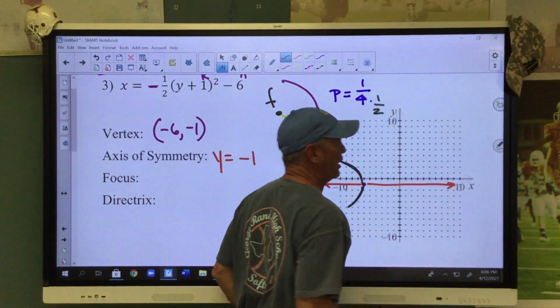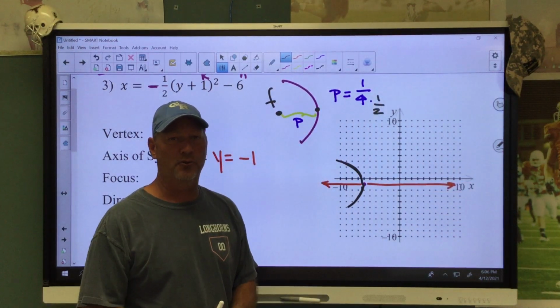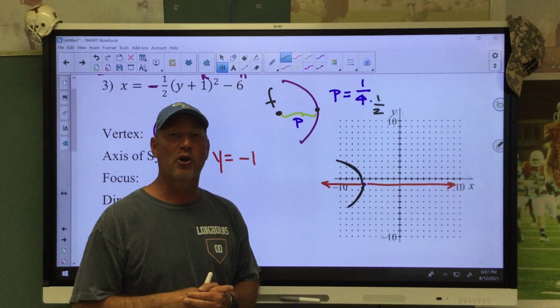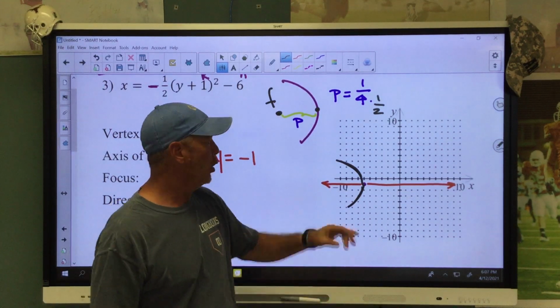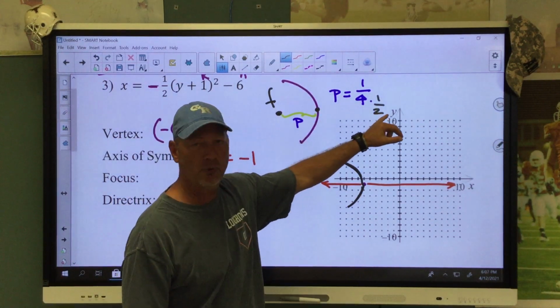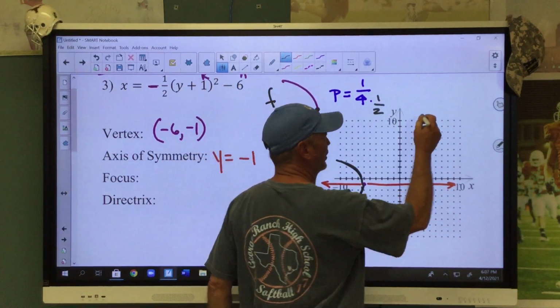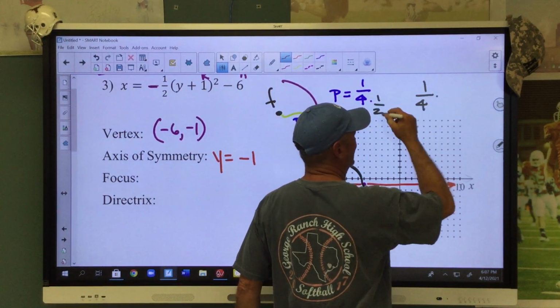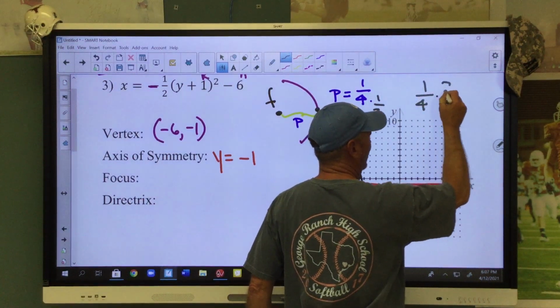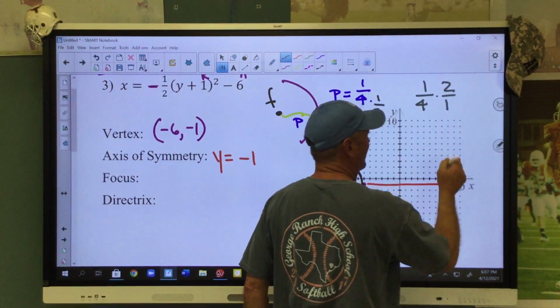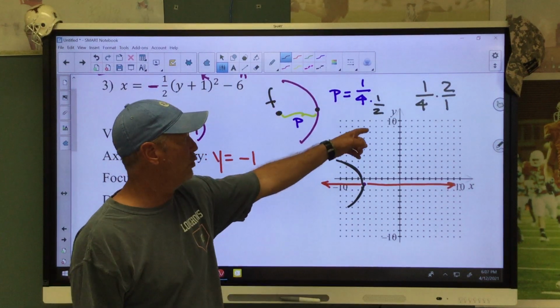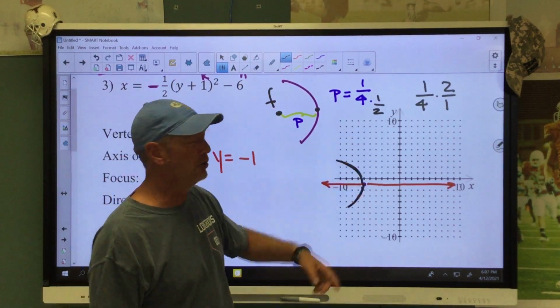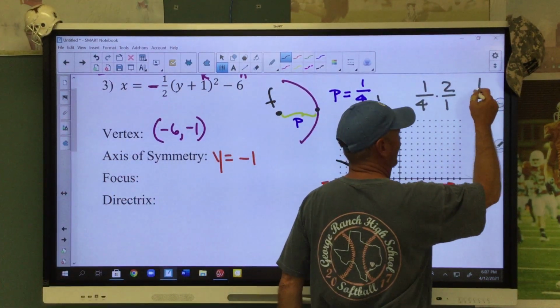Now, some of these fractions can get difficult, but this is the easiest way I know how to teach you to do this. When you end up multiplying a fraction right here, I want you to do this. 1 over 4 times the reciprocal. That will give you 2 over 4, which reduces to 1/2.